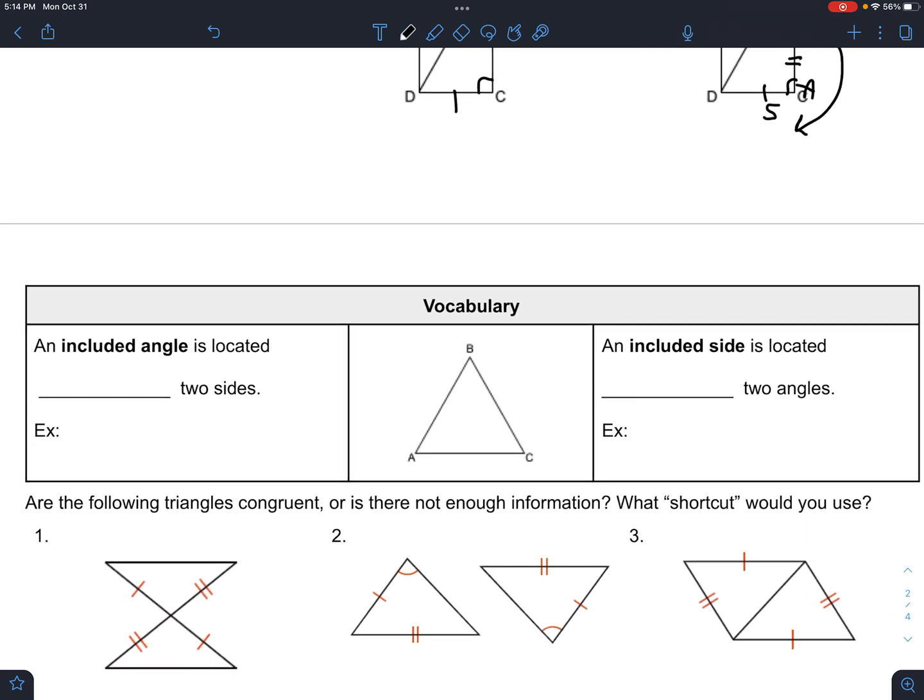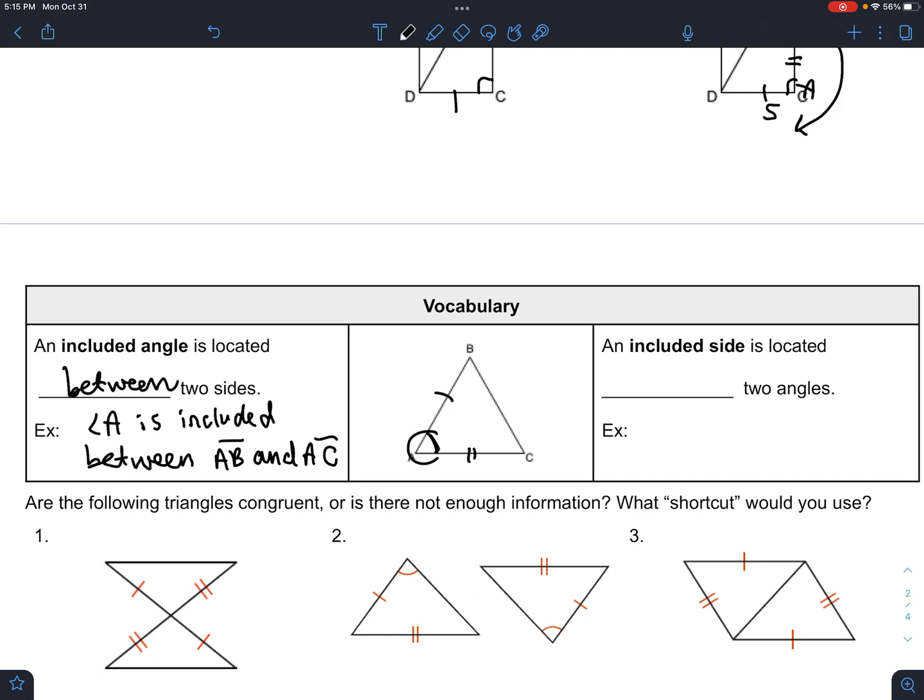So that brings up a vocab word, and that's an included angle and an included side. So basically, included means between. So for example, angle A is included between, how about AB and AC? So it's between those two, you see?